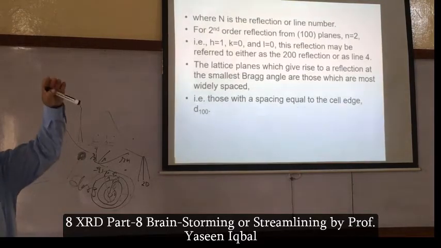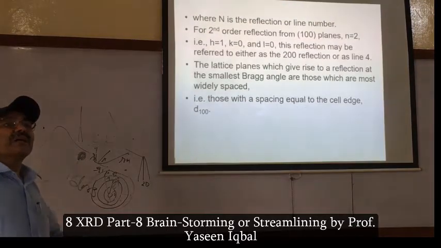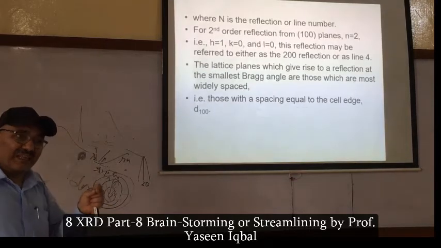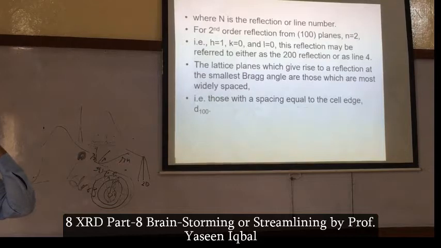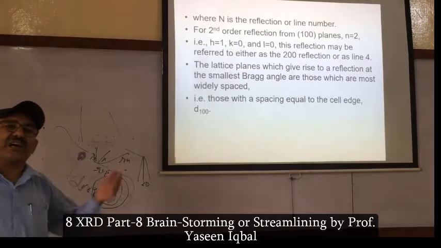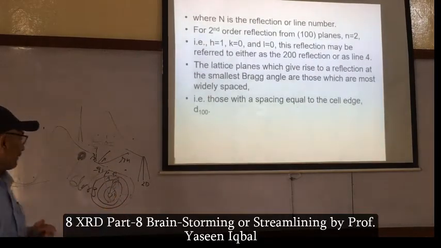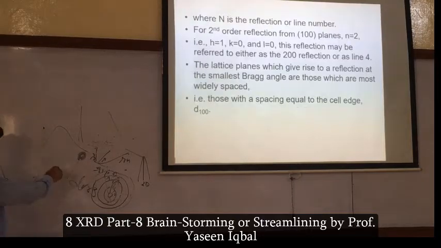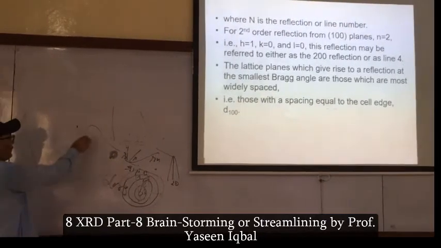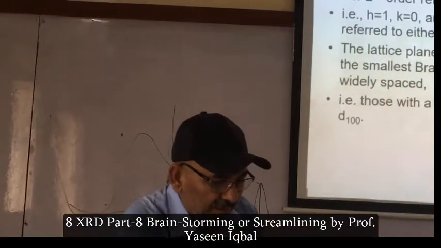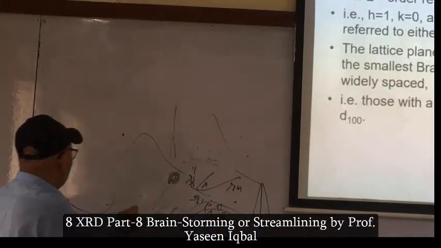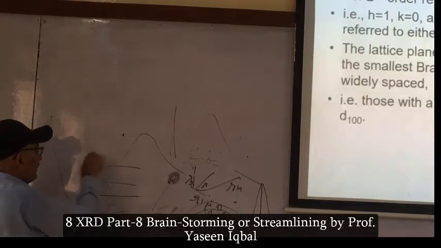So all the parallel planes have the same HKL indices. It depends upon your own choice of the origin. If this is a crystal of these planes, then your origin is here. These are planes.